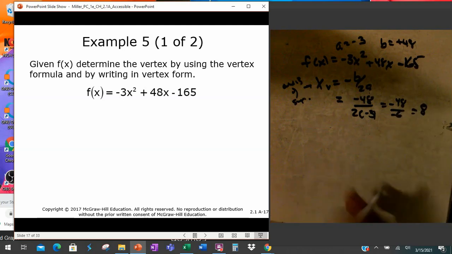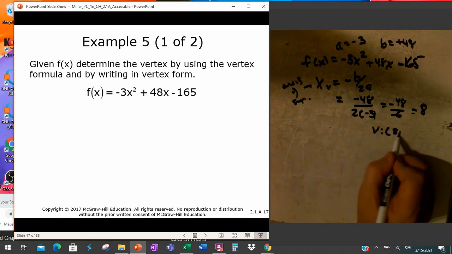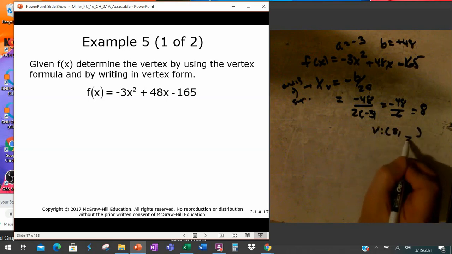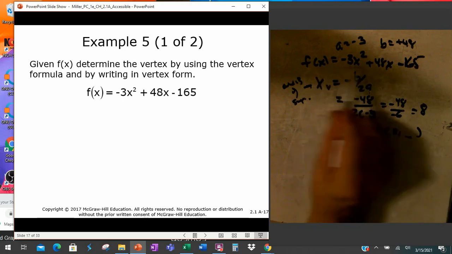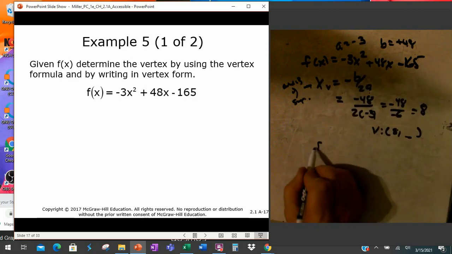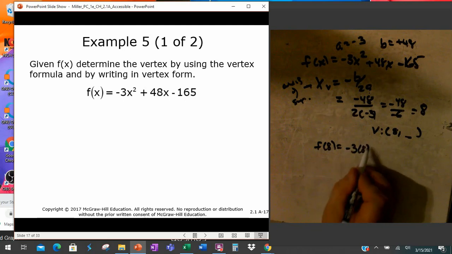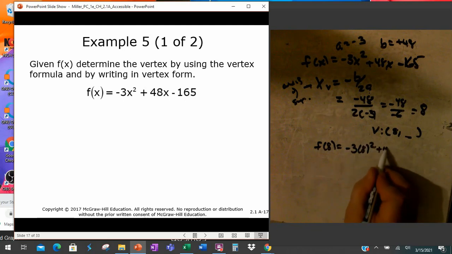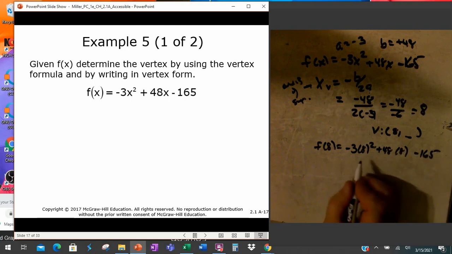So my vertex x value is at 8, and I don't know the y value, but if I know the 8, the y value is just connected by the function. So f at 8 is minus 3 times 8 squared plus 48 times 8 minus 165. So I just evaluate that.